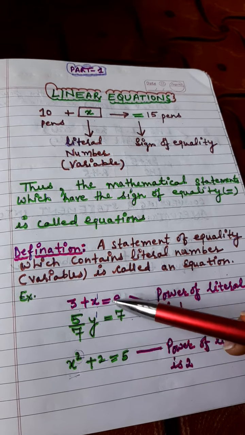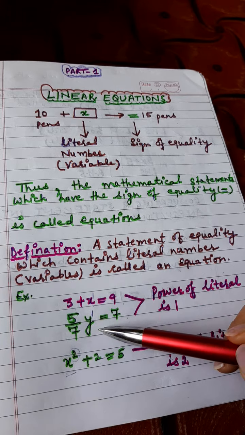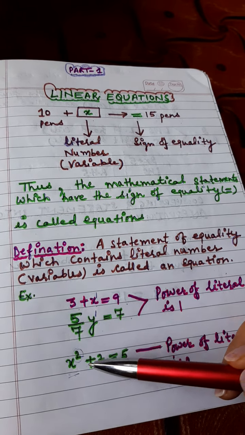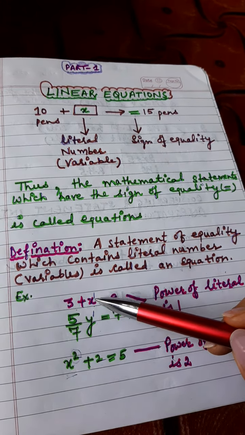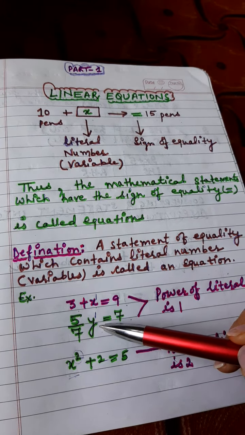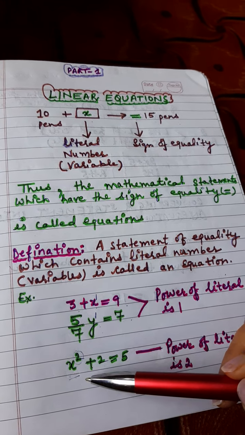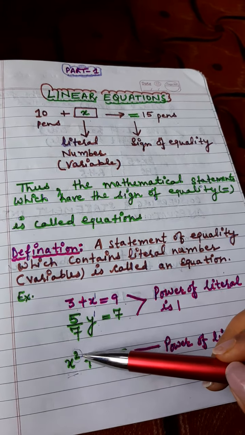So here, students, we have three types of equations. In all these, if you observe the literal numbers and the power is not given, then we have to take the power as 1. Here also the power is not given, so we will take it as 1. For this literal number the power is 2.